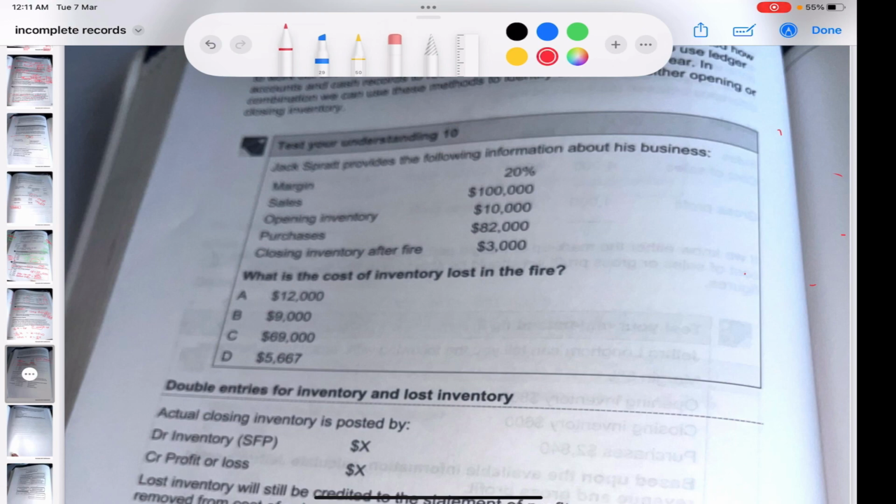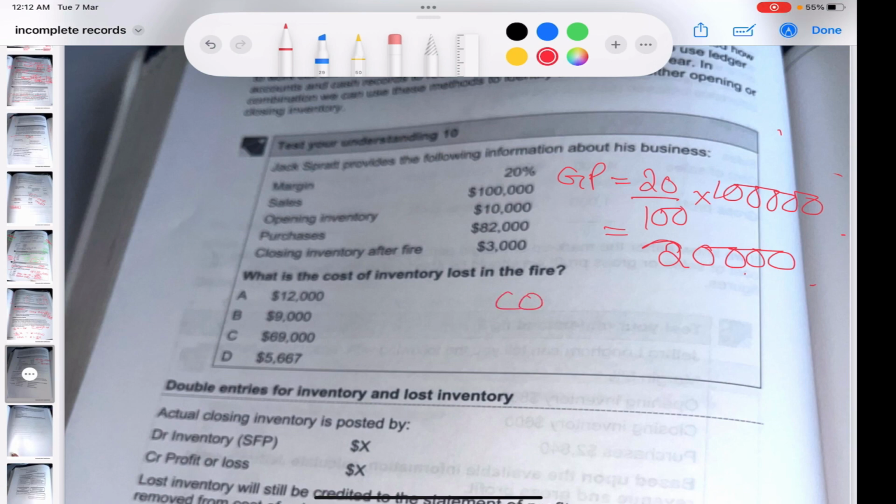Again, what is the gross profit? 20% on sales, right? Which is going to be 20,000. 20,000 is my GP. Any doubt in this? After that, what are we supposed to do?